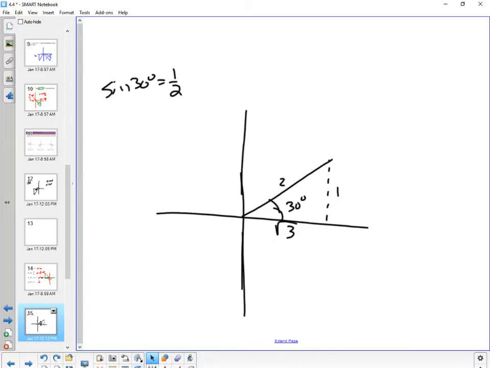Now let's say I did my 30 and then I went this way. What is this angle measurement now? 60, isn't it? Am I still working with sine 30? No, not anymore. I'd be working with sine 60. It's a different angle.